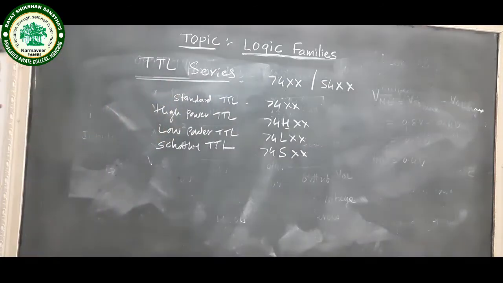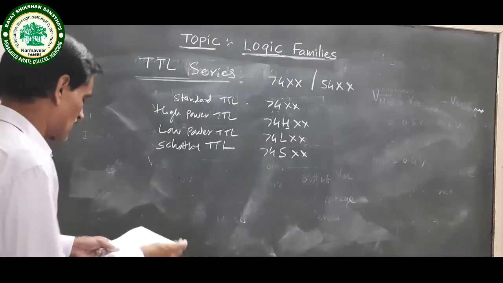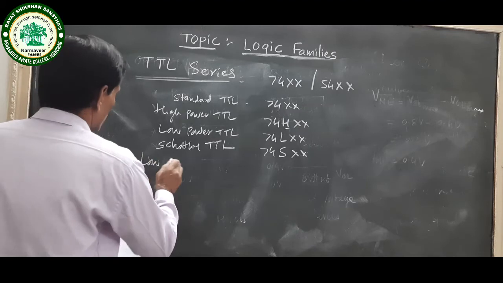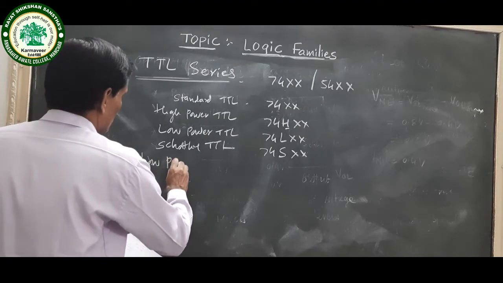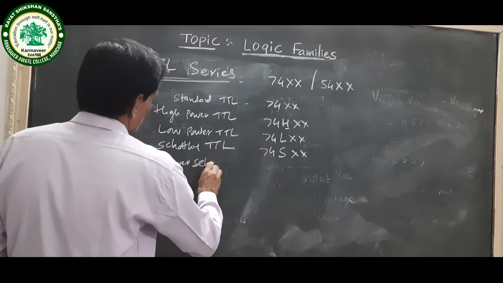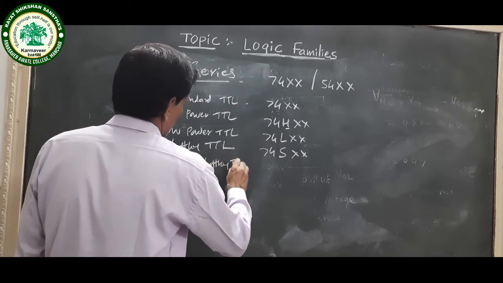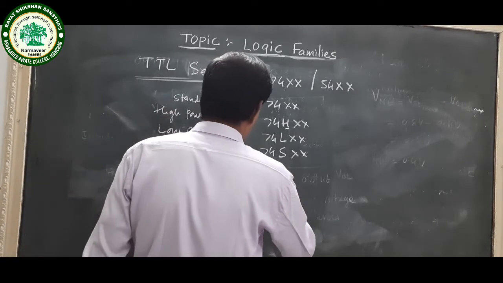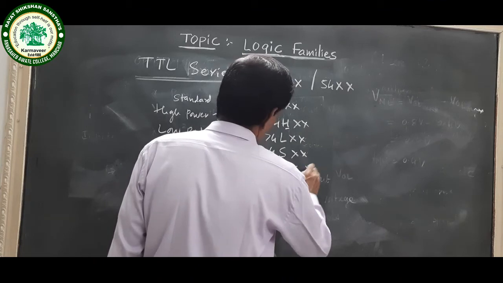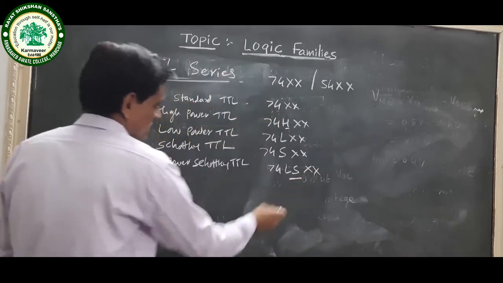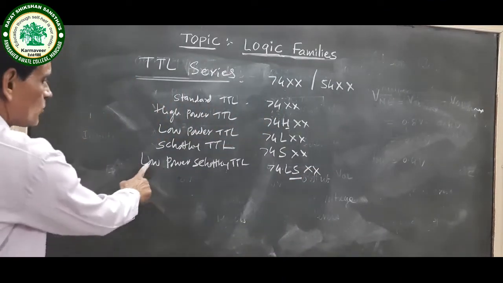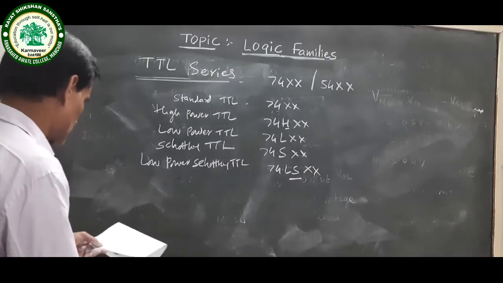S indicates that it is a Schottky TTL device. Then low power Schottky TTL, which is 74LS. LS indicates a low power Schottky TTL device.